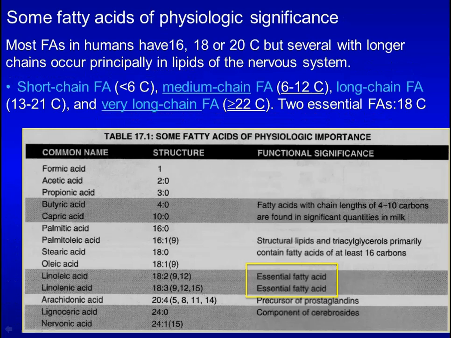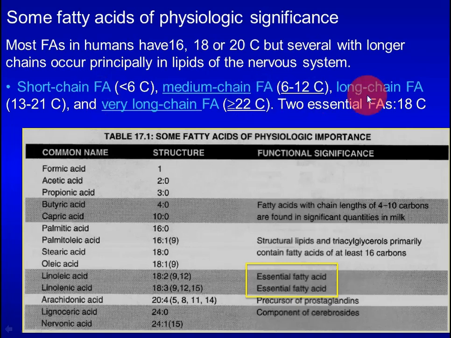Most fatty acids in humans have 16, 18, or 20 carbons, but several fatty acids with longer chains occur principally in lipids of the nervous system. Fatty acids with fewer than 6 carbons are short-chain fatty acids. Those with 6 to 12 carbons are medium-chain fatty acids.